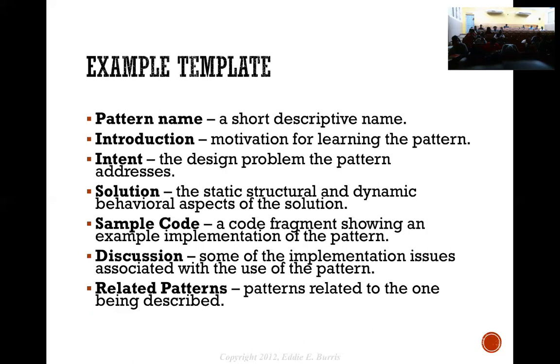The dynamic part is usually shown in an explanation. Sometimes they'll include a sequence diagram to show you what would happen in real time. But what is always there is that static structure represented by a class diagram. Sample code, very often there's a little sample of C++ or Java code.